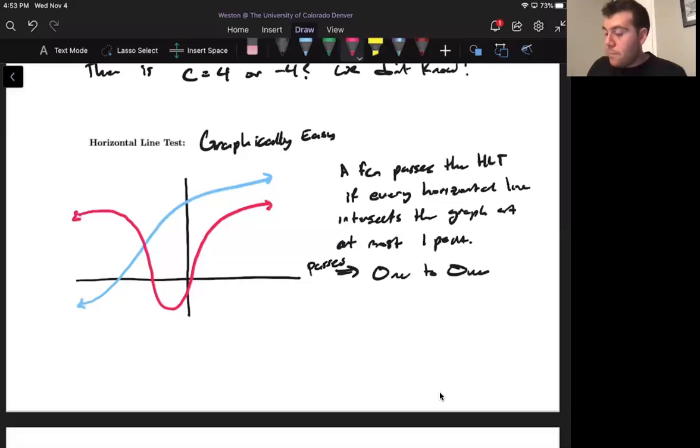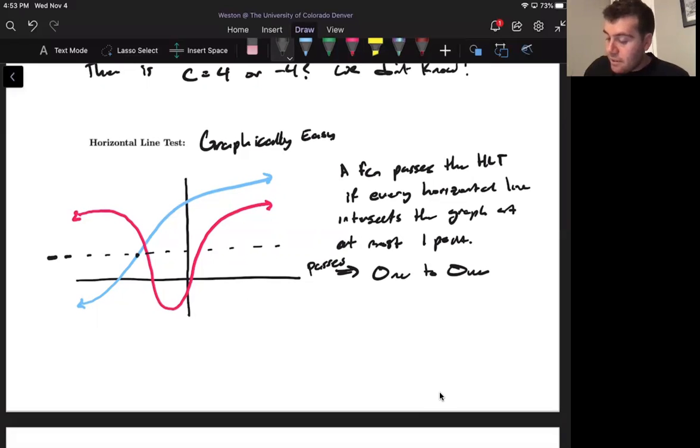All right, so with this in mind, take a look at this blue function, this red function, try to determine if they're one-to-one functions. Okay, so looking at the blue function, it is one-to-one. For every horizontal line we draw, it intersects at exactly 1 point.